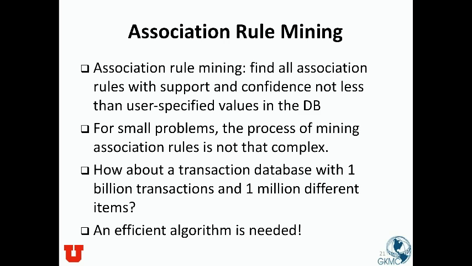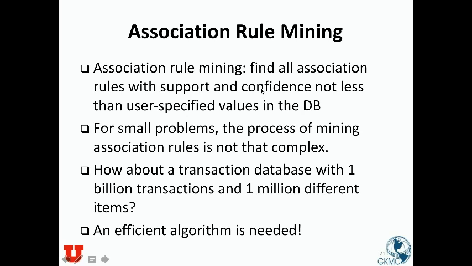So now we talk about the process for deriving association rules. Essentially, association rules have to meet two conditions. One is that the support and confidence are not less than a minimum threshold value of support and a minimum threshold value of confidence, required by the applications or set by data scientists.